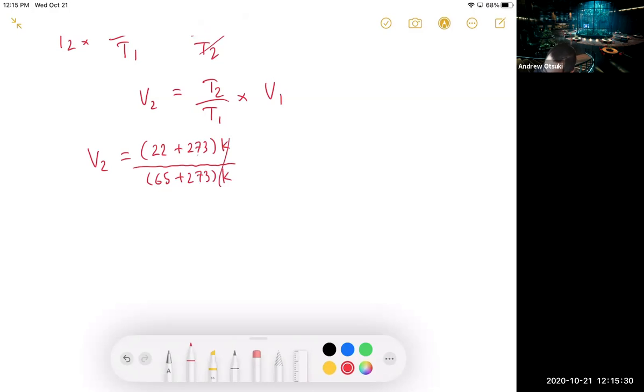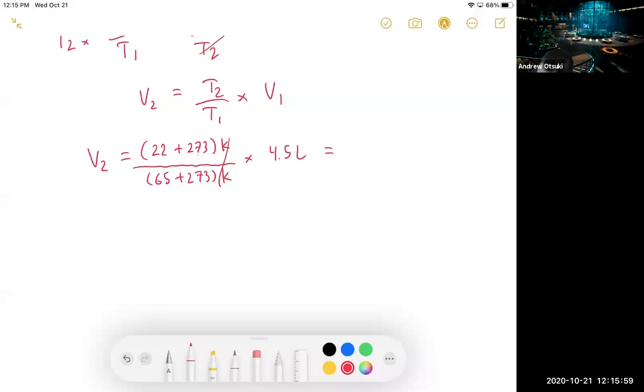So our kelvins cancel, and then we're going to multiply that ratio to our volume, which is 4.5 liters. So notice that we're going from a higher temperature to a lower temperature. So we're going to get a fraction as our factor, and when we multiply that by the volume, our volume should decrease.